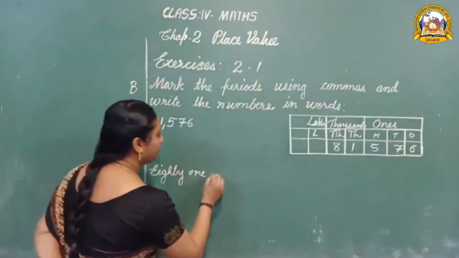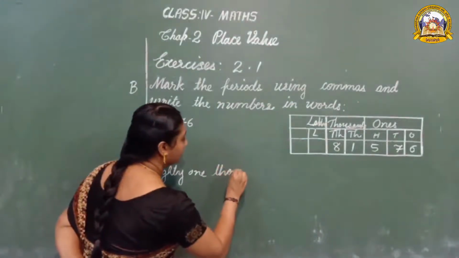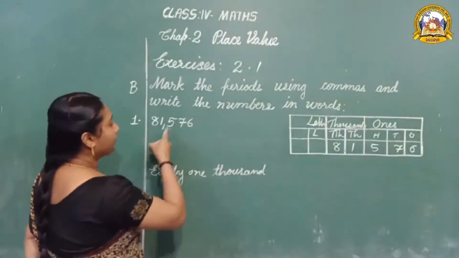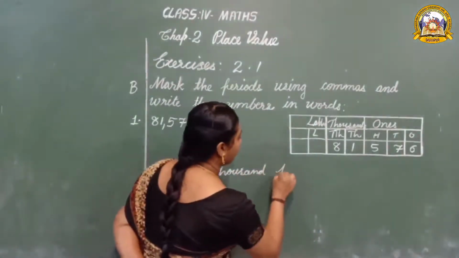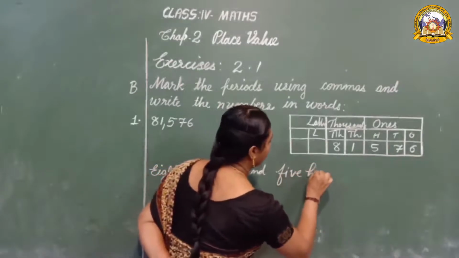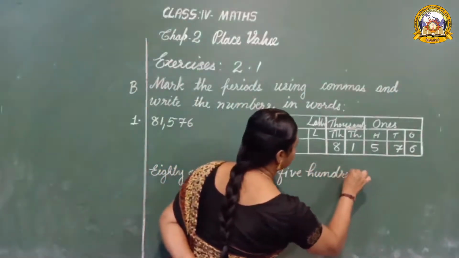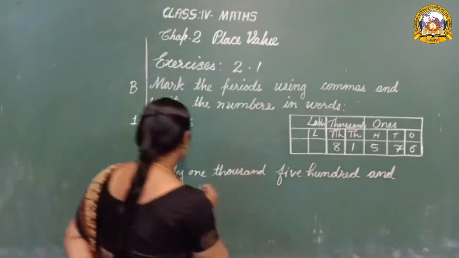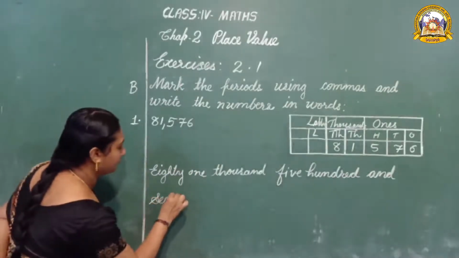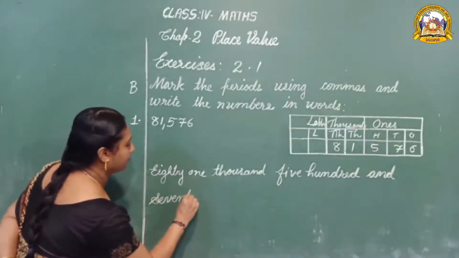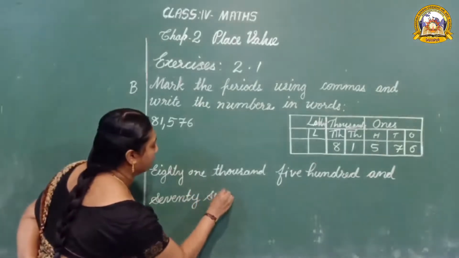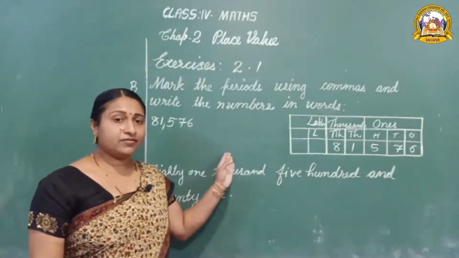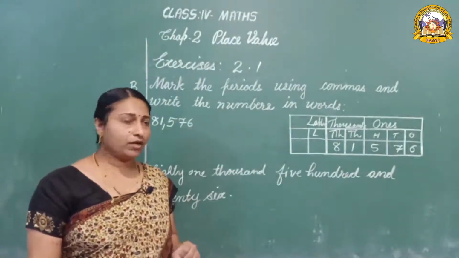So 81 thousands, 81,000, then 576. Okay, children, you should write this work in your copy.